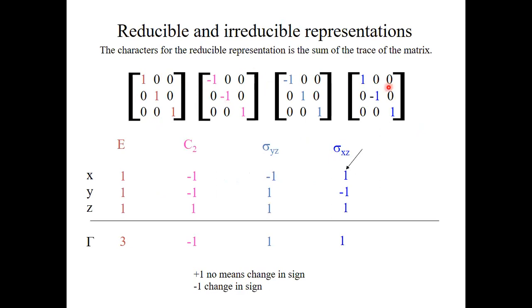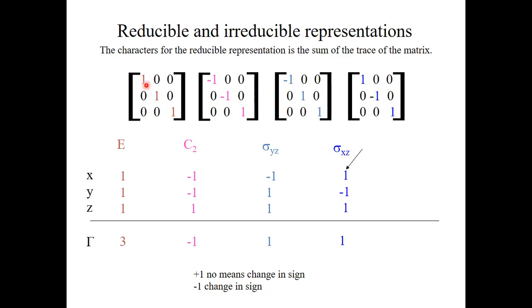What do these matrices have in common? Well, first of all, they all have non-zero values only on these diagonals of the matrices. And these diagonals have a special name. In mathematics, they're called the trace of the matrix.